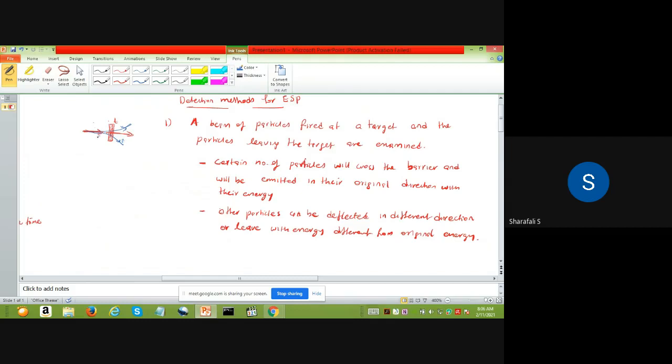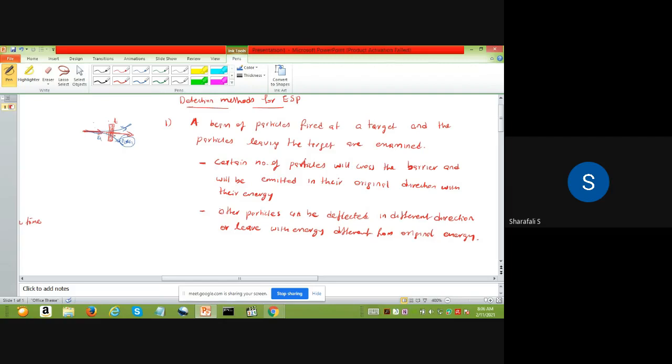Suppose here they have energy E1, then here E2, which will be less than E1. So after deflection, the energy can be varied. E1 is not equal to E2.